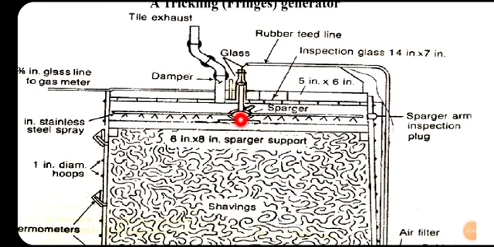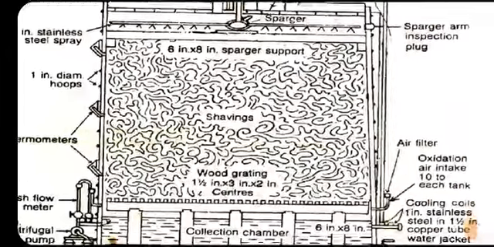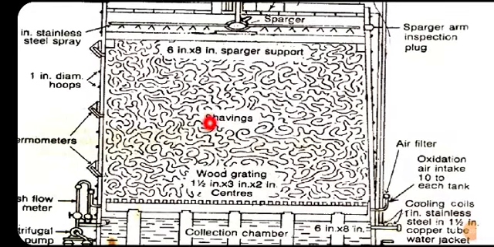The mixture will reach the spraying arm, and through the small size nozzles, the mixture stock will be sprayed inside the chamber. Now what is there inside the chamber? These are the beechwood shavings. We can see there are lots of spaces, and within these spaces the oxygen is circulated, and the mixture will trickle down from top to bottom.